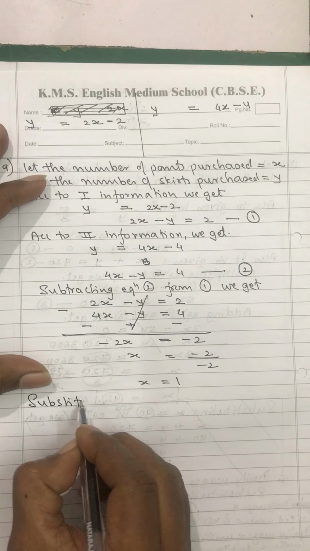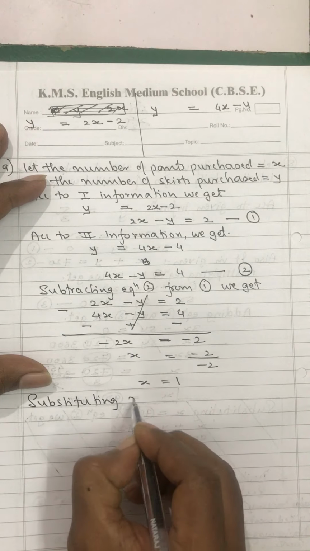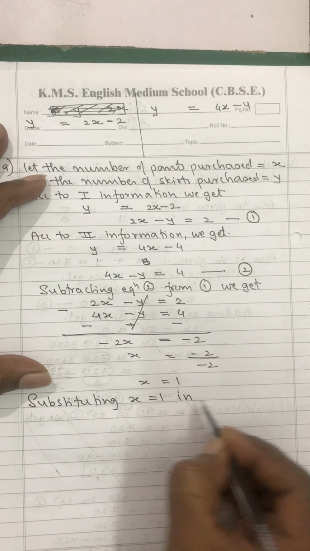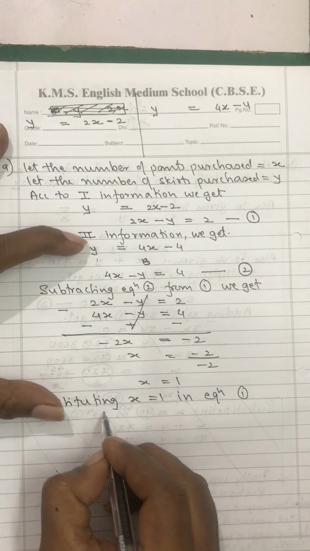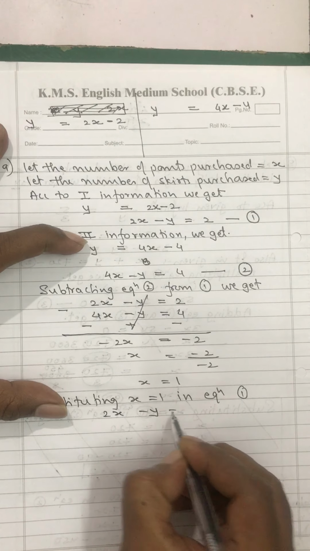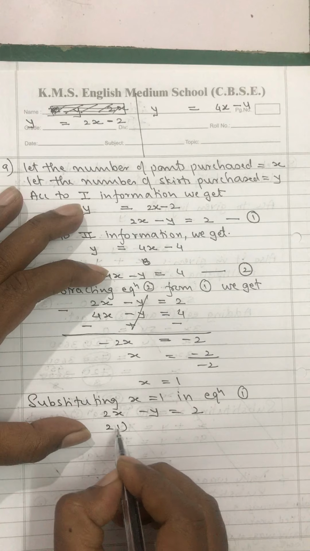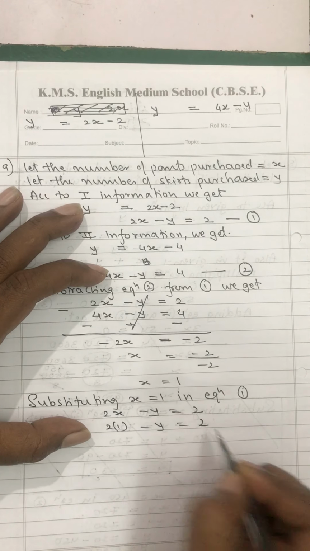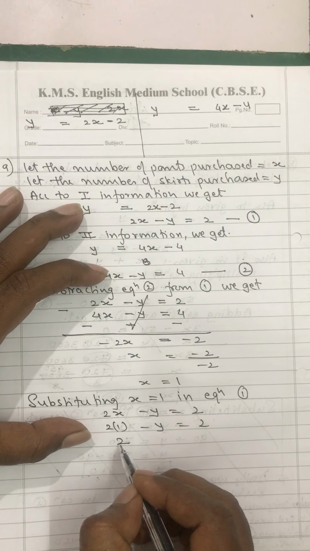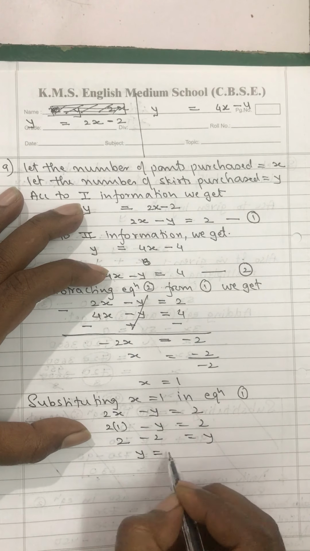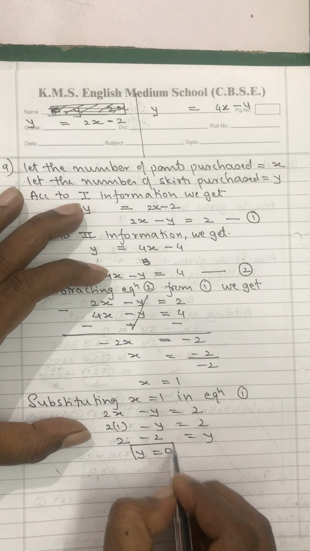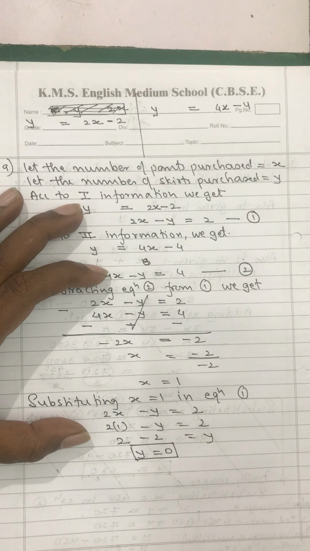Substituting, 2 ones are 2, this 2 comes over here, 0. What is this?